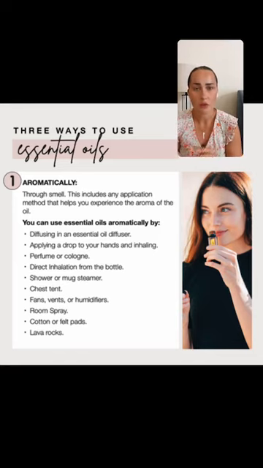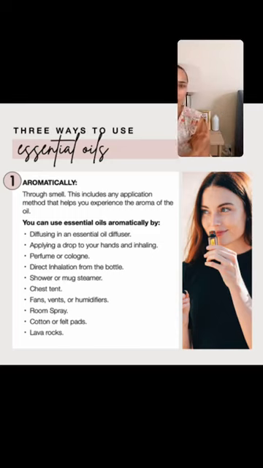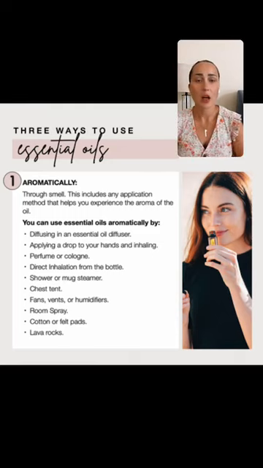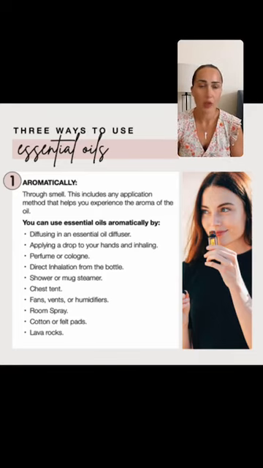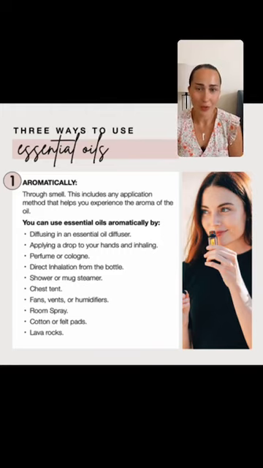You can also diffuse the essential oils in a diffuser, and I have one back there always with me. You can put a drop on a pillow, for example, if you don't have the diffuser, or it's in the other room and you only have one. I highly suggest you get one in each room, so you don't have to run around and fight for the diffuser.